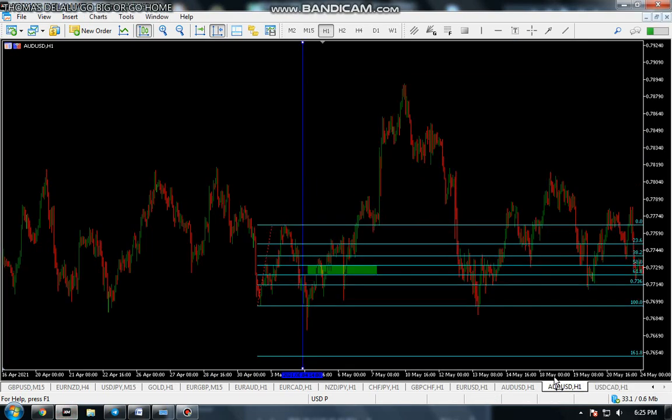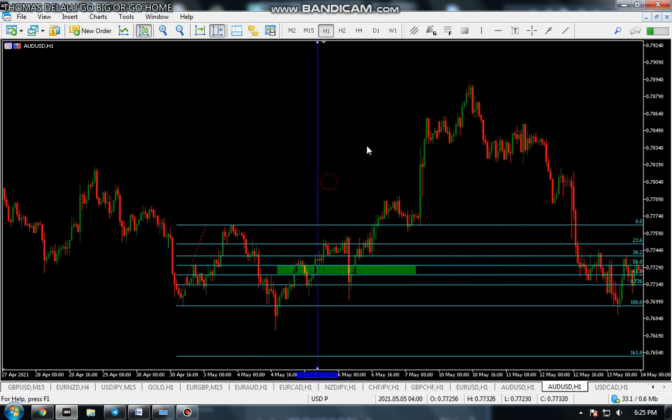As we have seen this example, let me go back again. What did price do? Price first made the high, moved like this, then it went down and broke this one. When it breaks this one, it returns into this level.